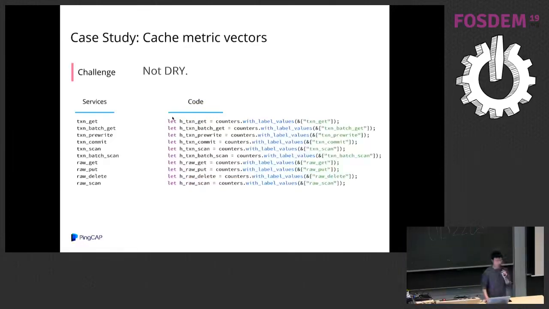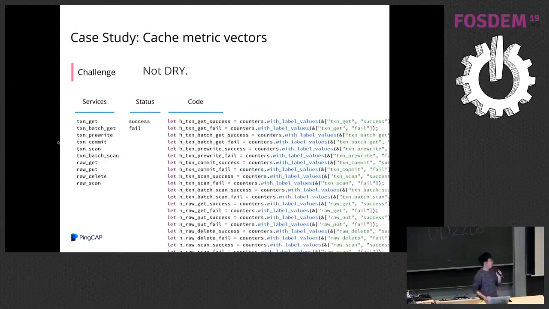But you can see it is not DRY at all. For example, here we have only 1 label called service. But what about when there are 2 labels, service and status? As you can see, I should repeat, for example, transaction get success, transaction get fail, batch get success, batch get fail. It's a lot of code that even exceeds my screen.